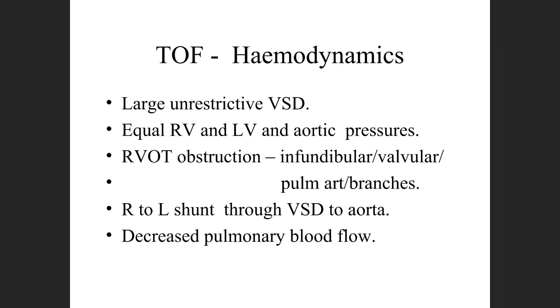There is a right to left shunt through the ventricular septal defect to the aorta. And when you look at the chest X-ray, the pulmonary vascular markings are decreased because of the obstruction to the flow of blood into the pulmonary artery.